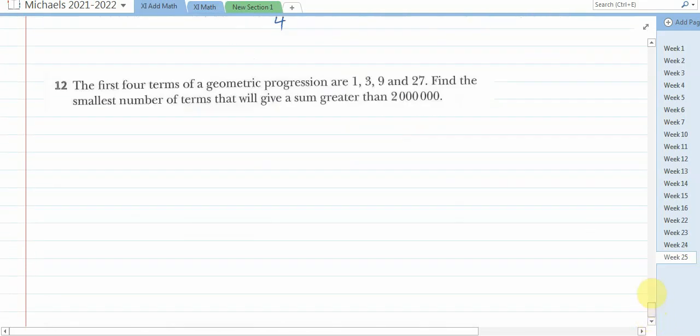Question number 12. The first 4 terms of a geometric progression are 1, 3, 9 and 27. Find the smallest number of terms that will give a sum greater than 2,123,456.